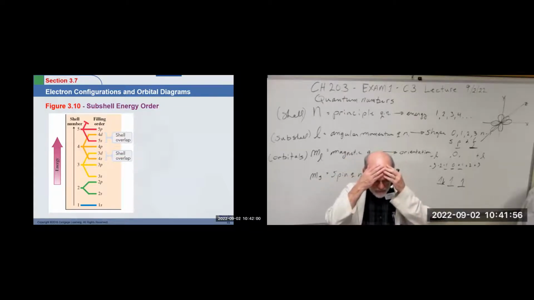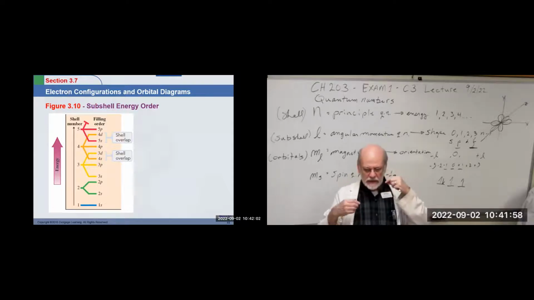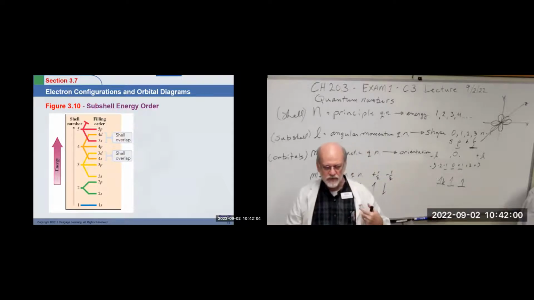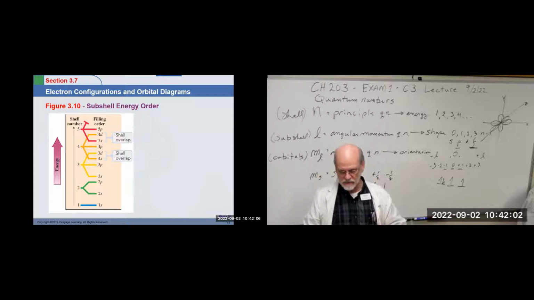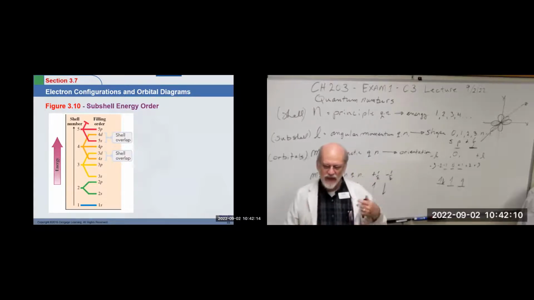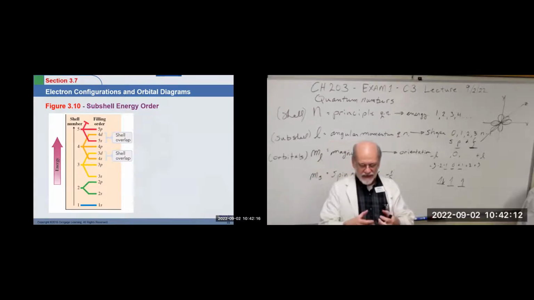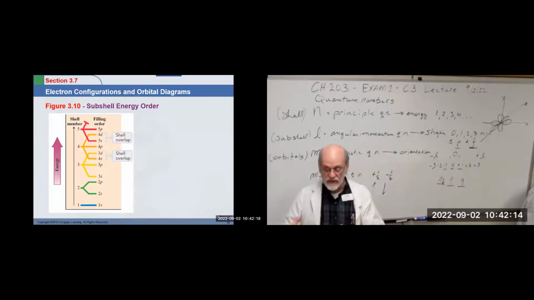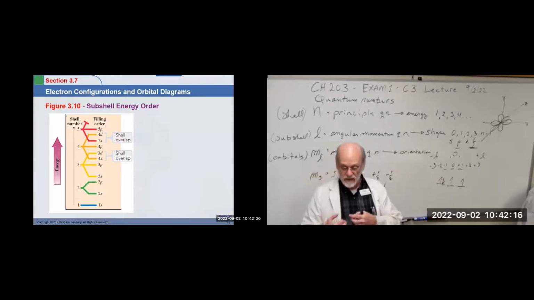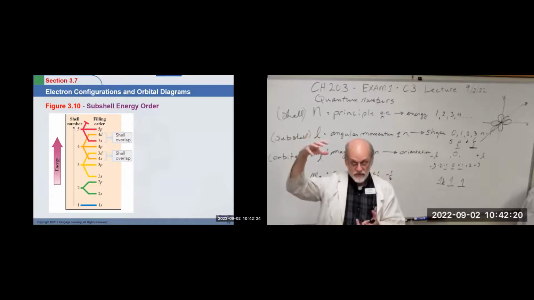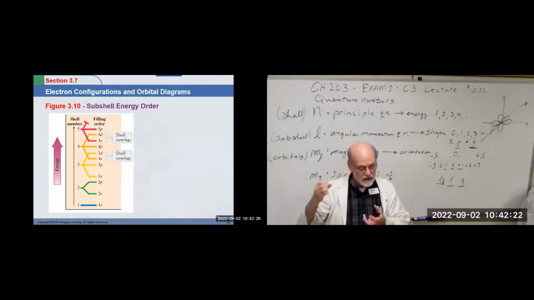So remember Niels Bohr. He was able to predict energy levels for the hydrogen atom because it only had 1 proton and 1 electron. Very simple. If we go beyond that and start adding more protons and more electrons, you get interactions. You get a buildup of positive charge in the nucleus, which tends to draw electrons closer.